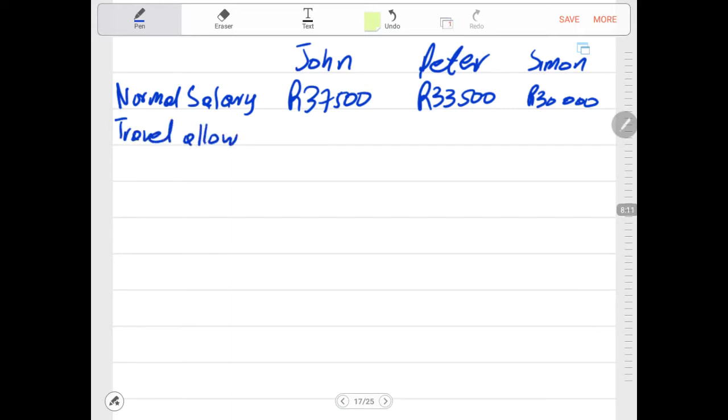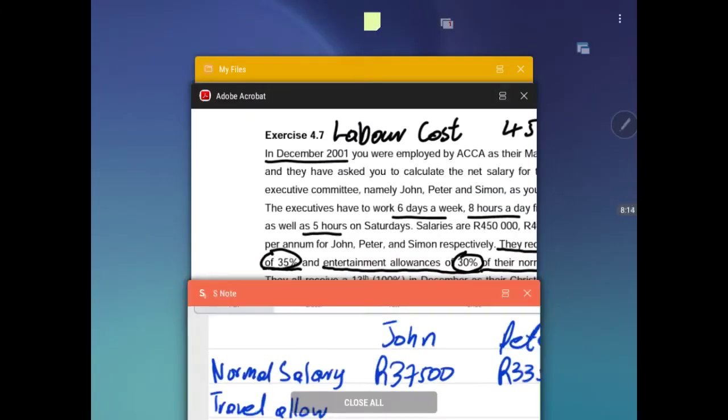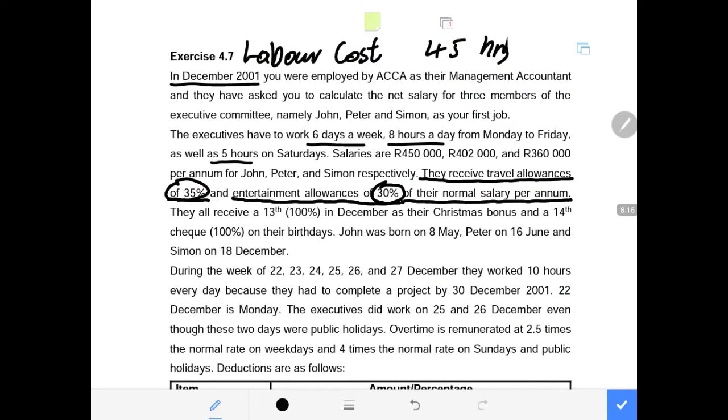Travel allowance. Our travel allowance is clearly stated to be 35%. Remember, this is classified as a fringe benefit when you do taxation 1. A fringe benefit is something that you don't pay for, but you would be supposed to pay for if the company did not give you the benefit. In other words, these executives get to travel at the expense of the company, whereas if the company did not give them the travel allowance, they would pay for that themselves.